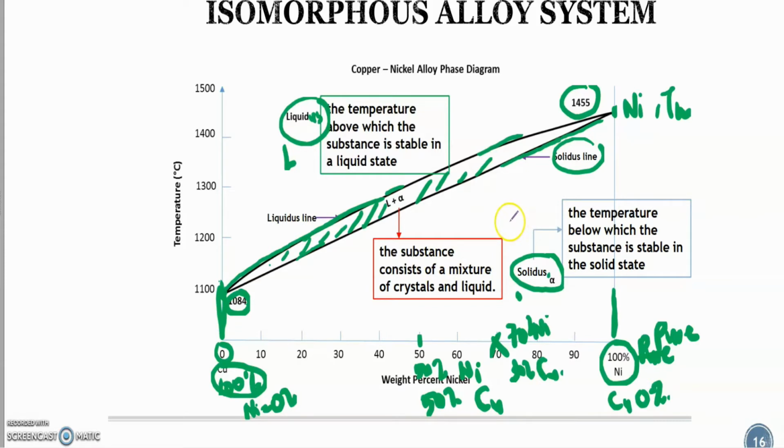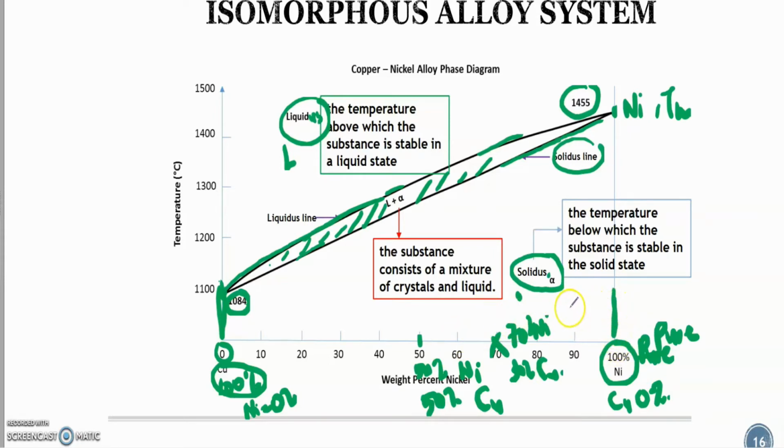Alpha phase of FCC ataupun face-centered cubic yang kita belajar dalam chapter sebelum ni. Alpha phase of FCC substitutional solid solution consists both copper and nickel. Sama dia kat ni memang dia consists both lah, kecuali yang left edge dengan right edge dia satu sahaja sebab dia pure, bukan campuran lah.